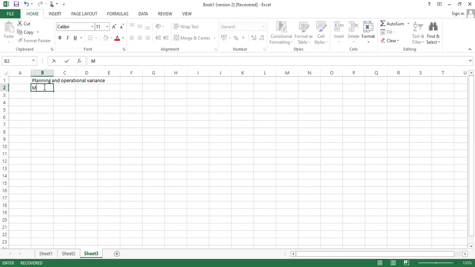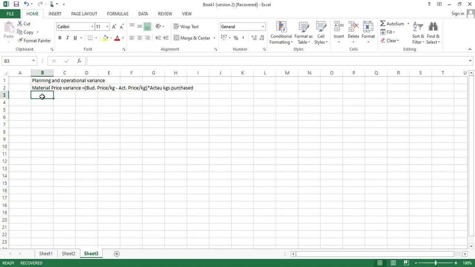First, you need to learn the basic variance of material price variance. Basic material price variance is equal to budgeted or standard price per kg, it could be per meter, per yard, anything, minus actual price per kg, into actual kgs purchased.